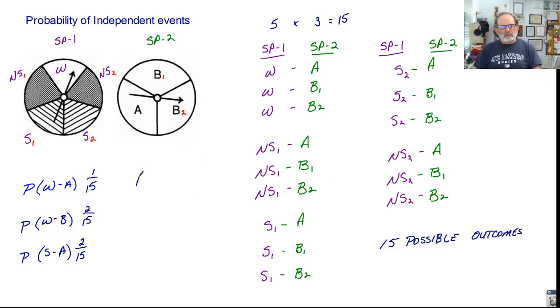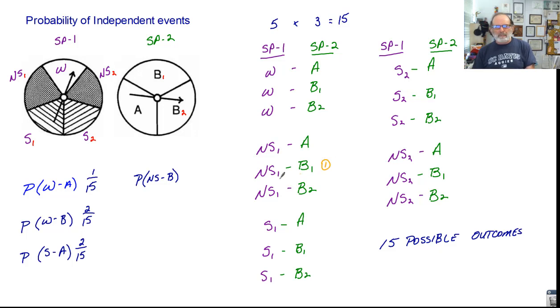Let's look at one more probability. What about the probability of not striped happening with B? Not striped 1 happens with B, so let me just keep track of them here.